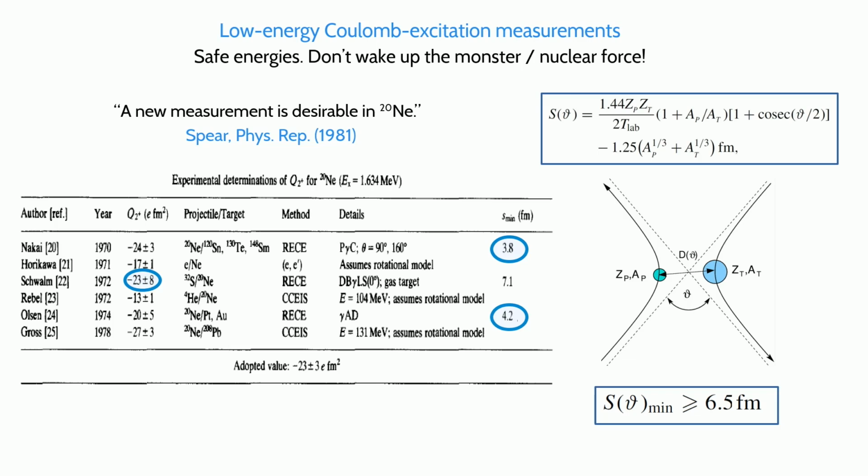However, it's very important because once you get the nuclear force into play, then you don't get consistent results. It was in this very nice paper by Spear in Physics Reports 1981, where they concluded that at least for light nuclei, you need that separation between nuclear surfaces of 6.5 Fermi.